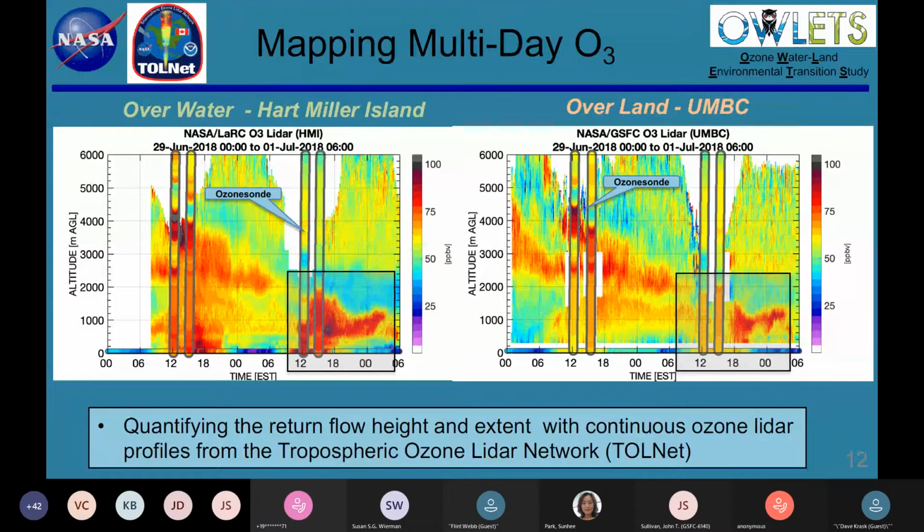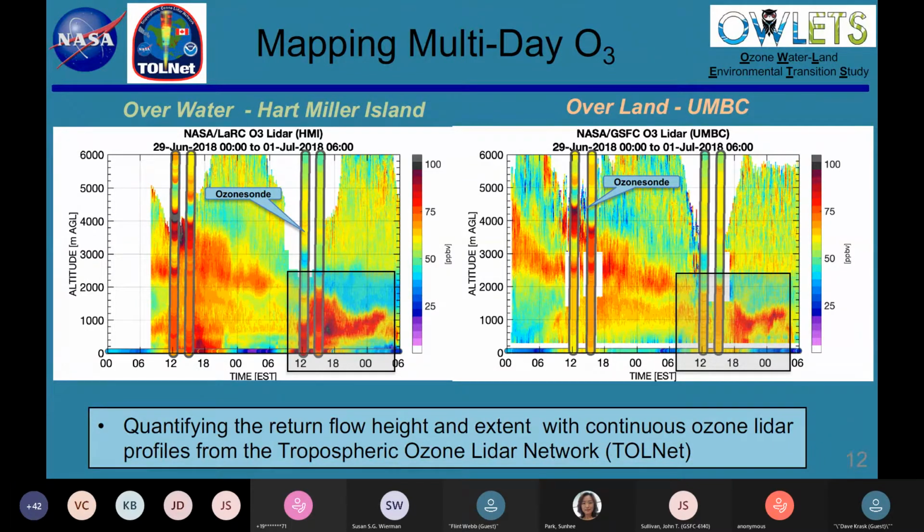You can really see this when you look over to the right in the continental site, right at about 18 local time or 6 p.m. in that box. You can see it transitions from yellow colors to red colors. And that is a pretty strong indication of that plume of high ozone that was observed both with the sondes and with the aircraft actually recirculating back over land and impacting the continental sites.